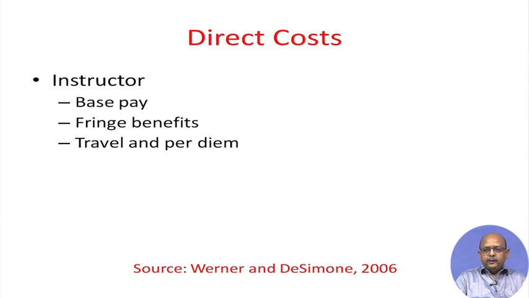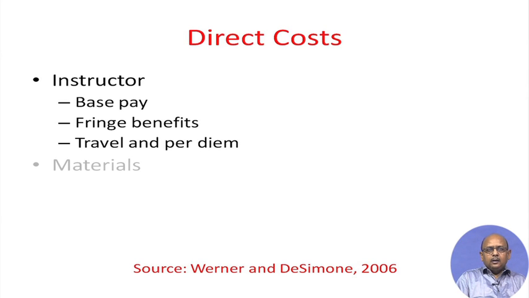So, all costs associated with the instructors have to be accounted for when you calculate the direct cost, because that is what you are going to pay for the program.